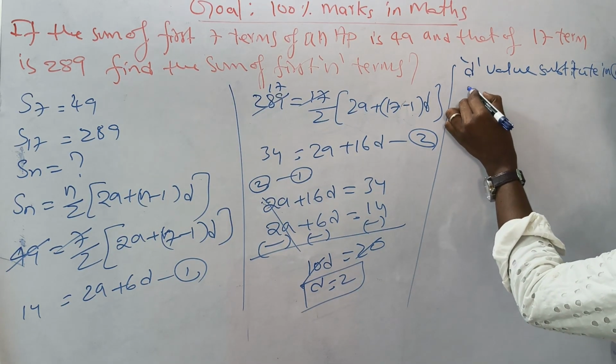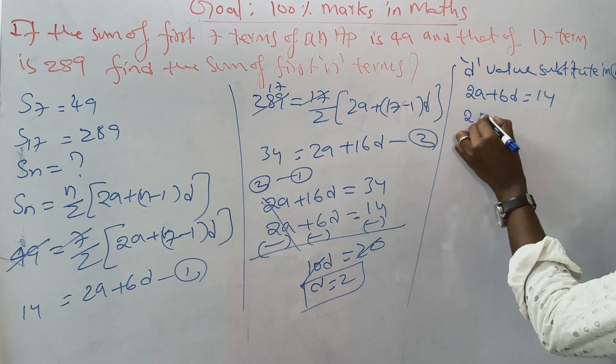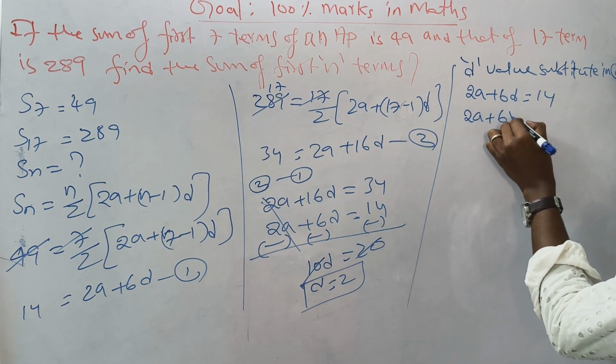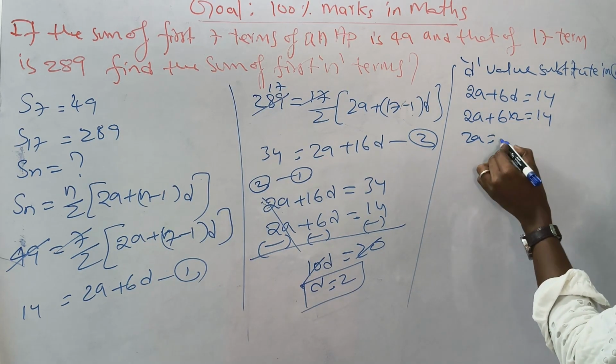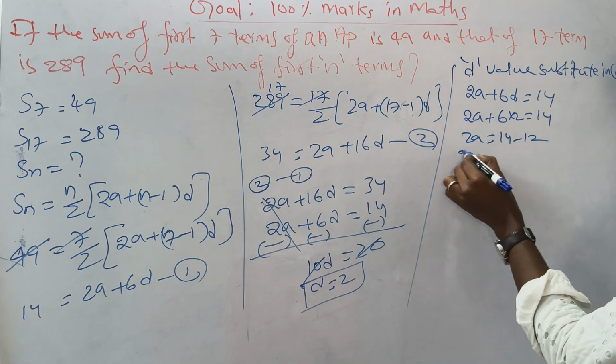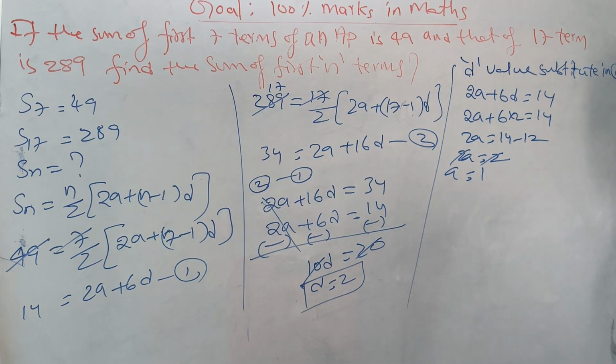The first equation is 2a plus 6d is equal to 14. Now 2a plus 6 into d, which is 2, is equal to 14. From this 2a is equal to 14 minus 12. 2a is equal to 2. From this a is equal to 1.